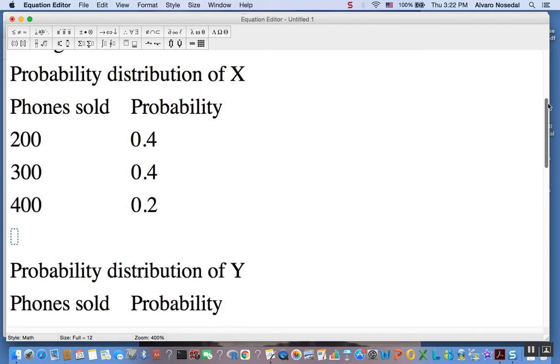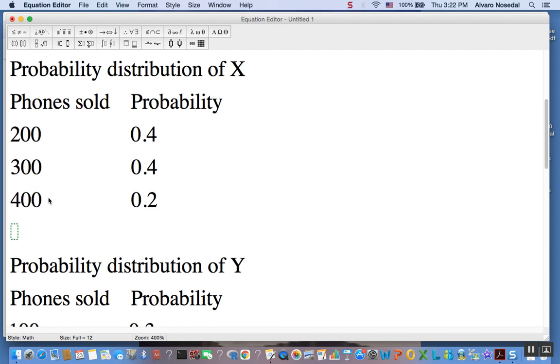So for x we have 3 possible values, 200, 300, and 400. And then M is defined as $25 per each phone sold. So it's going to be 25 times 200. That's a possible outcome.